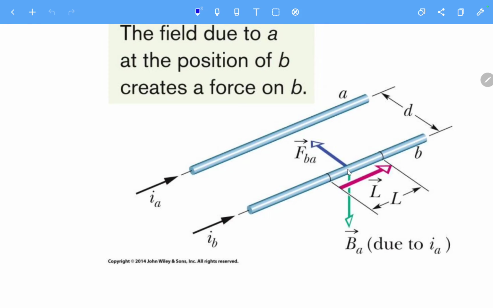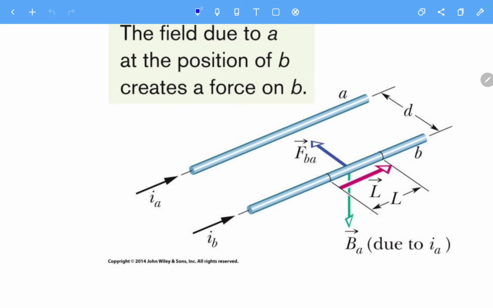So how do we determine the direction of BA? We use the right hand rule. Our thumb points to this direction, and then our fingers curl something like this. So you know that the B field is something like this, and at this point it should be pointing to that direction.